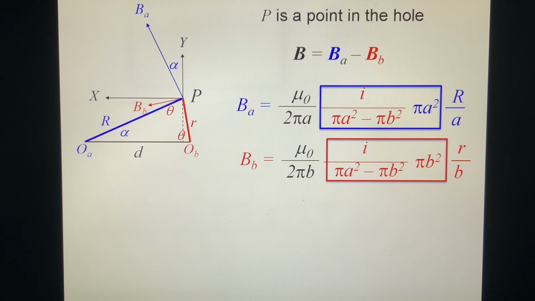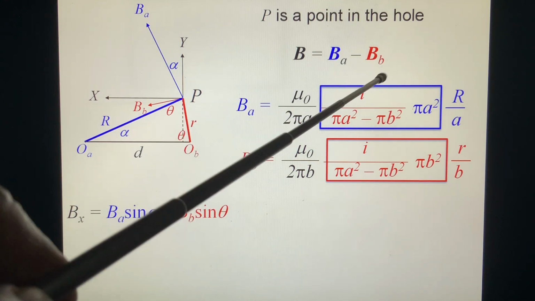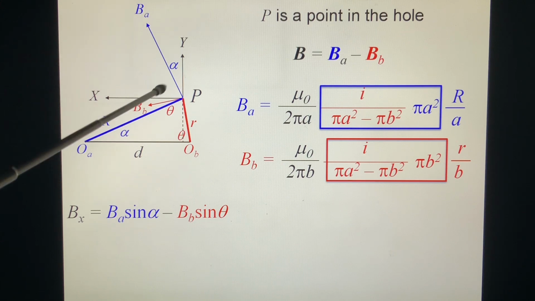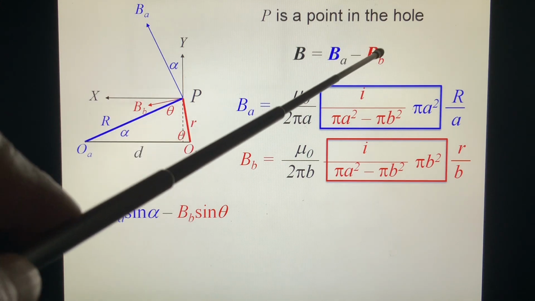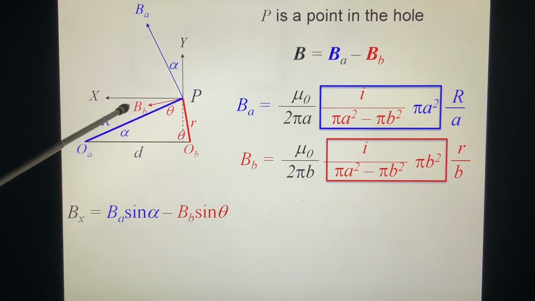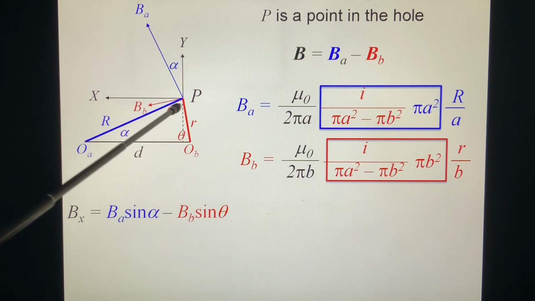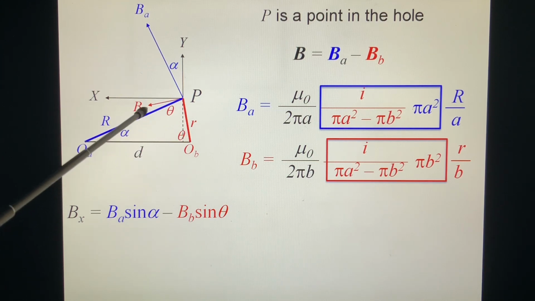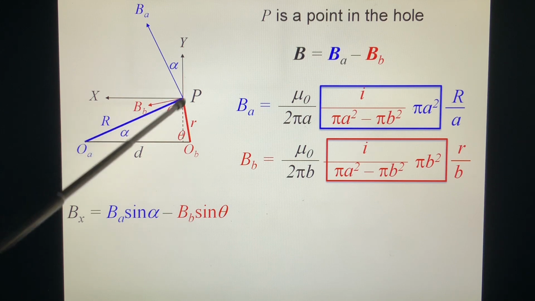Now, you see the B. BX is BAX minus BBX. BAX is BA sine alpha, minus BBX, which equals BB times sine theta. Now we put these numbers inside. Look at it.